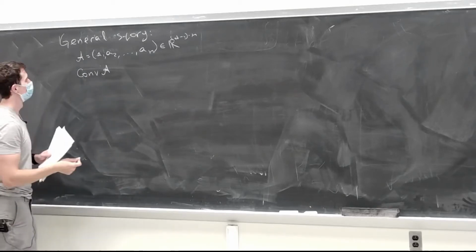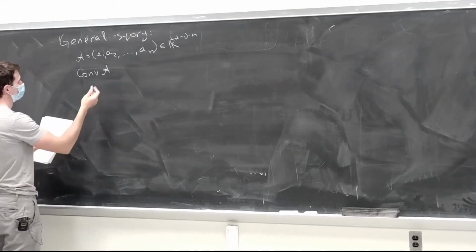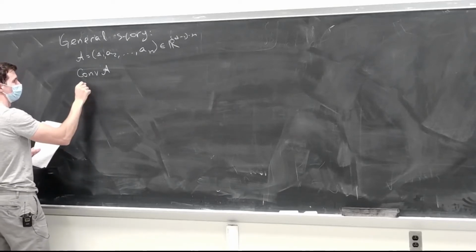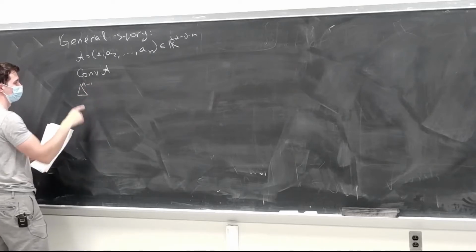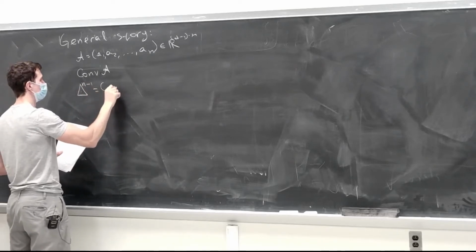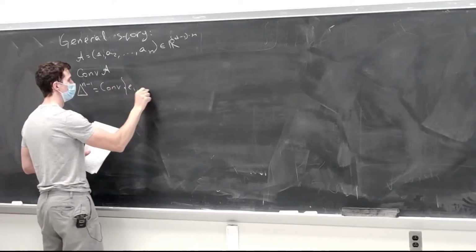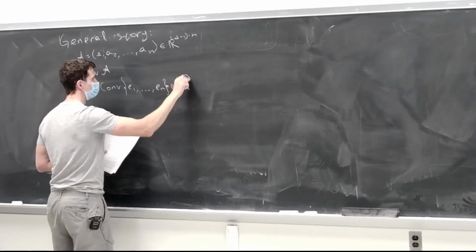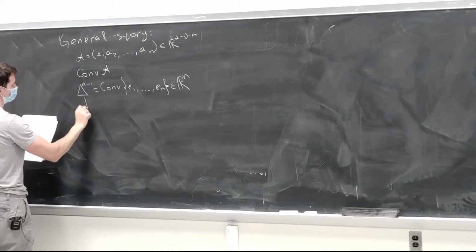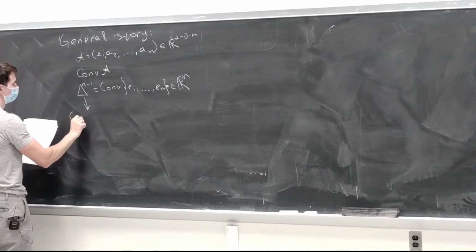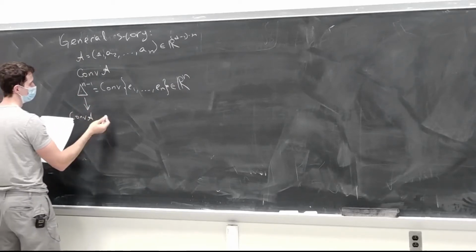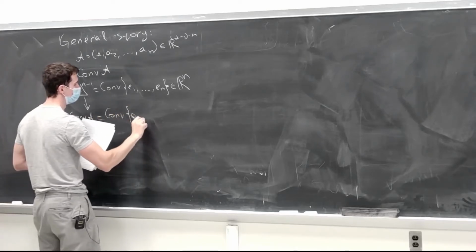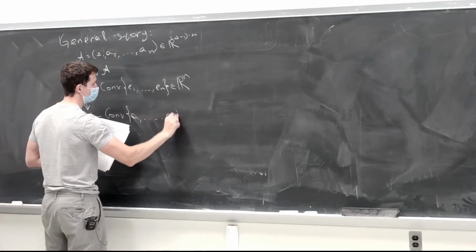You can take the n minus 1 dimensional simplex, which is the convex hull of E1 up to En in R to the n, and you can project it to the convex hull of A1 up to An in Rd.